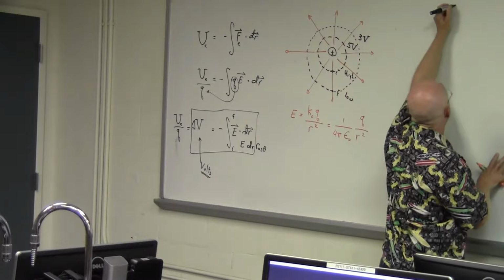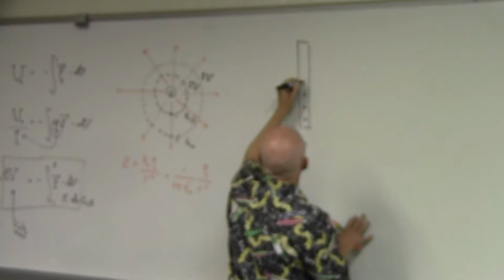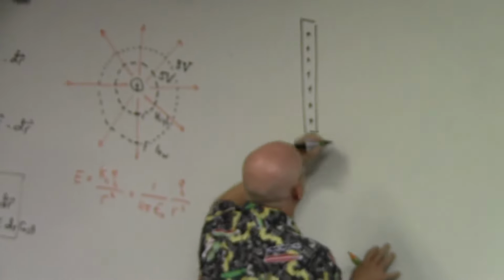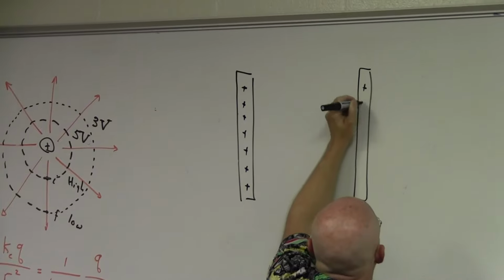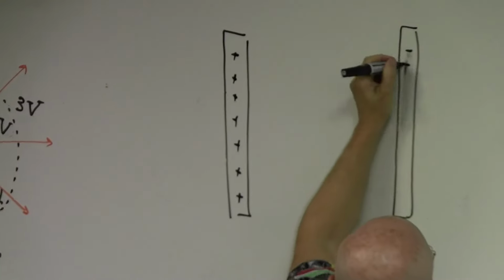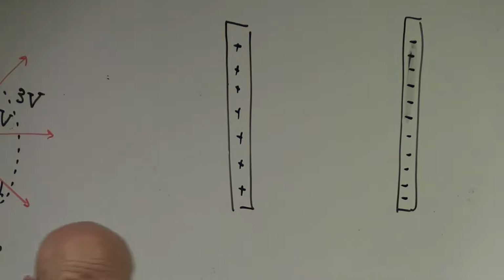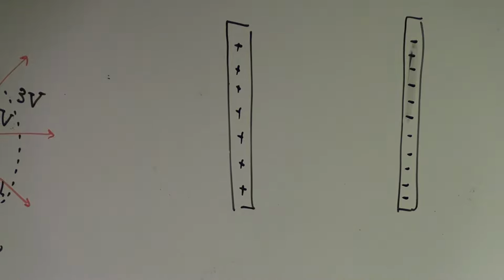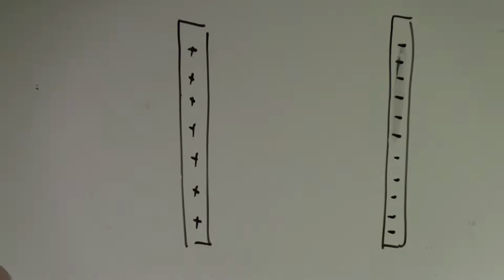And that is, what if you took a plate that was charged, positive and negative? What would that electric field look like? And so that's going to be our first drawing.